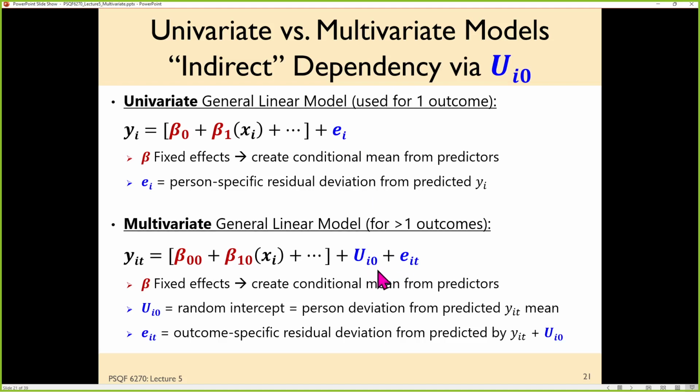It's trying to figure out how much of what is in E is constant to a person and how much of it is time specific instead. The sum total of those put back together again is the same. But what ends up happening is that U is a way to introduce a relationship between the E's indirectly, because the E's are still independent. They're independent after you factor in this U thing.